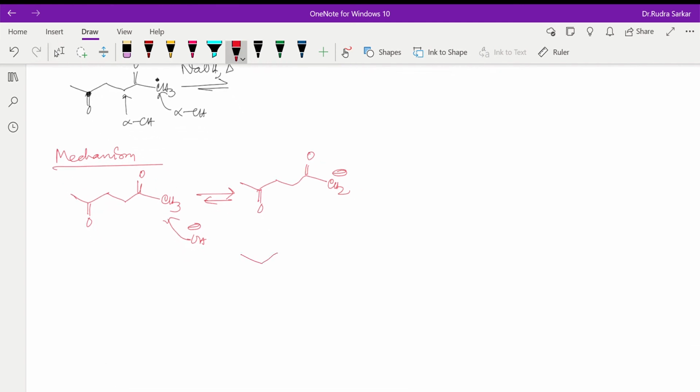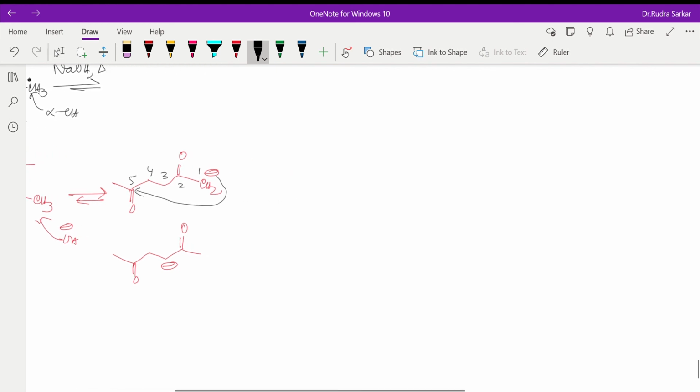Another possibility is you can generate the carbanion here. So if the nucleophilic attack takes place from this to this carbon, now try to number them 1, 2, 3, 4, and 5. So you're generating a 5-membered ring.